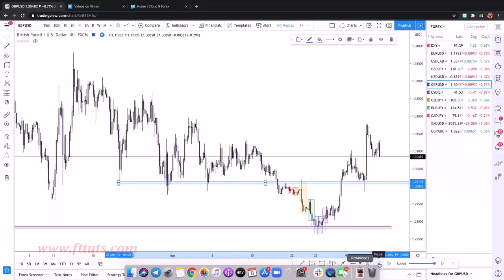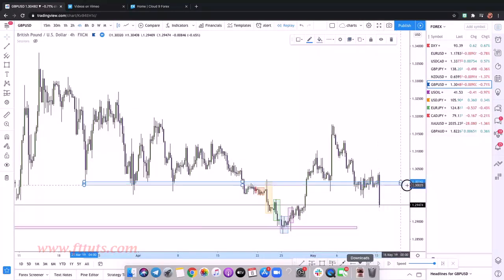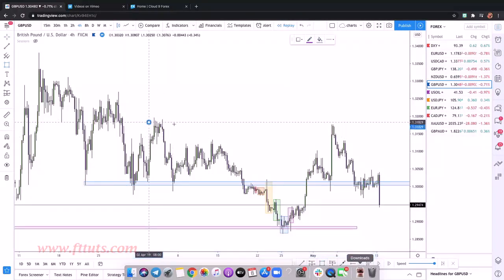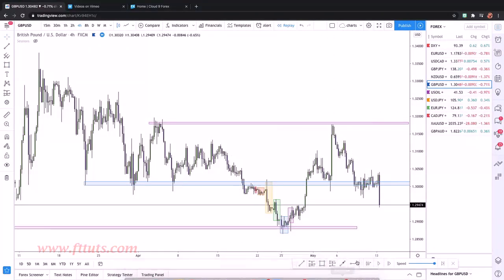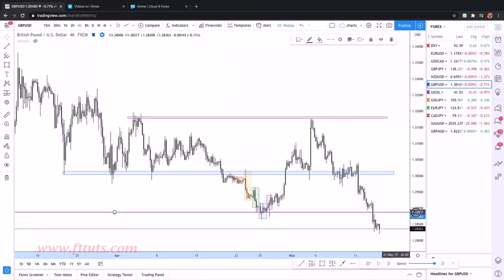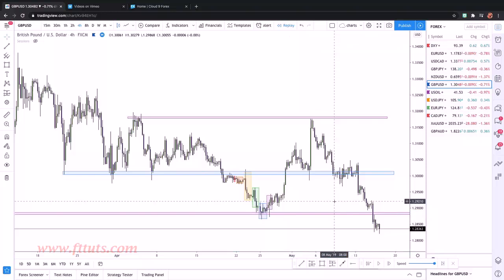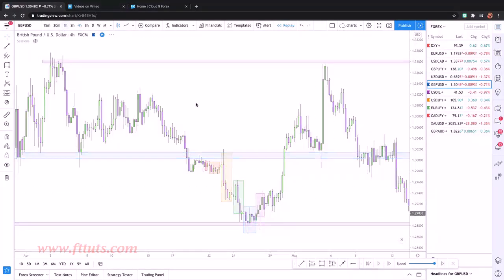Then the buyers come in, come back down. We ended up going to major resistance here. Price respected, came back down, and then looks like we're breaking to the low. Yep. So we end up breaking to the low. Let's go on the 1 hour.